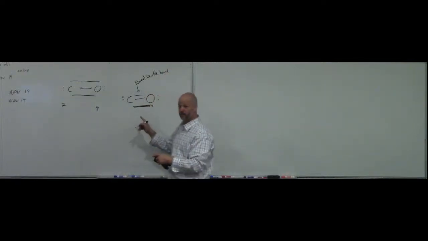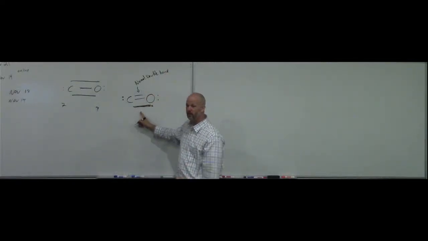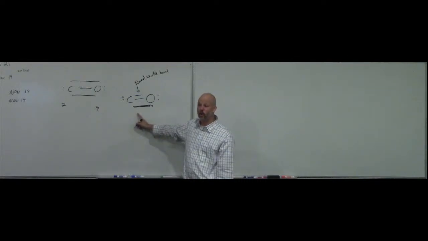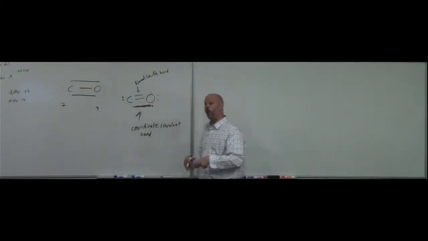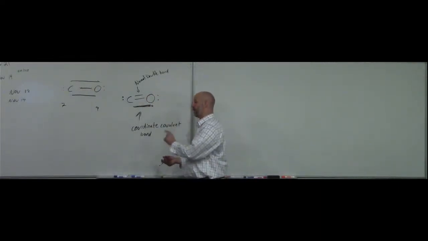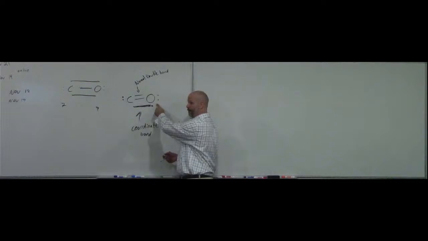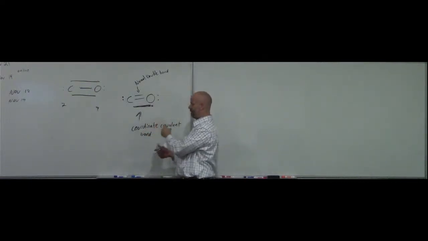This is the part that I'm trying to get you to get right here. This is what we call a coordinate covalent bond. Now, in a coordinate covalent bond, both electrons in the bond come from the same atom. They're given from the same atom.